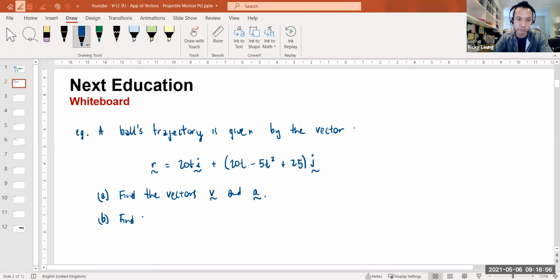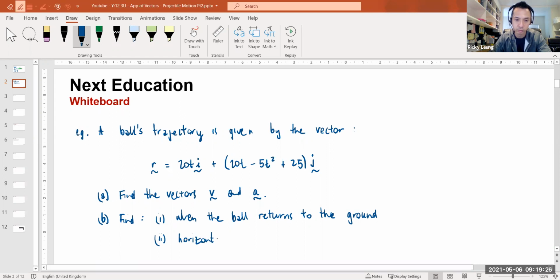Find when the ball hits or returns to the ground, the horizontal distance traveled, and the max height, just to demonstrate that it is exactly the same as what we did last time.